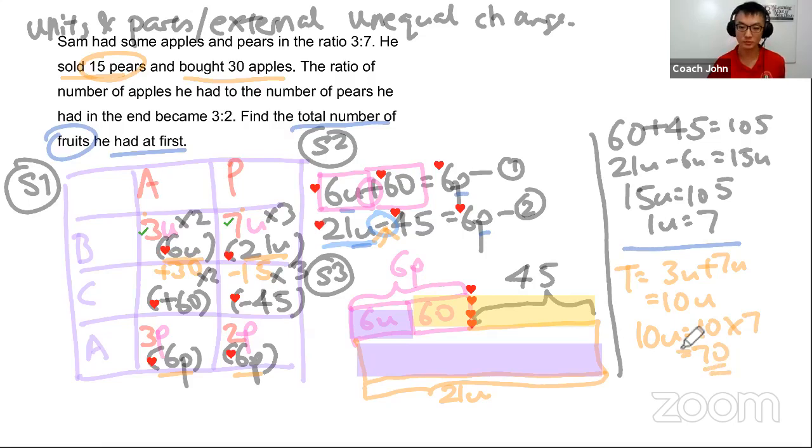That's it. So do take notes that in units and parts, if you want to solve, you want to find the original one, which is the 3U and 7U.